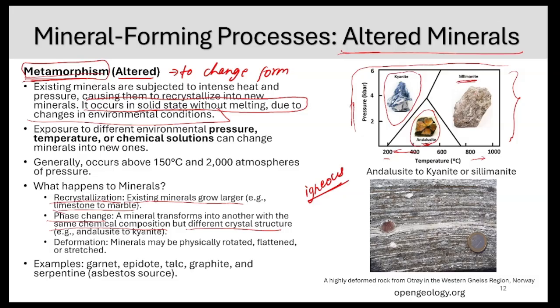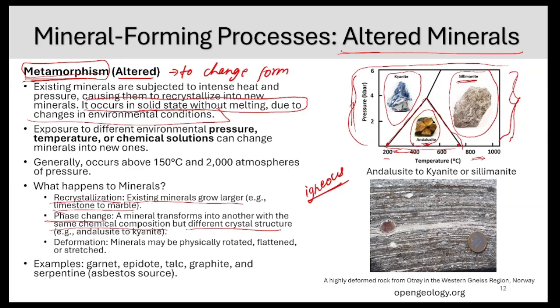So at lower temperature the andalusite will be in this form, and at temperature between 200 and around 780 degrees Celsius it will be in this crystal structure. So metamorphism can also be phase change.